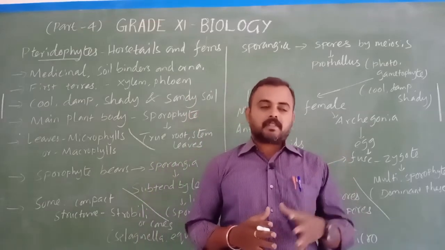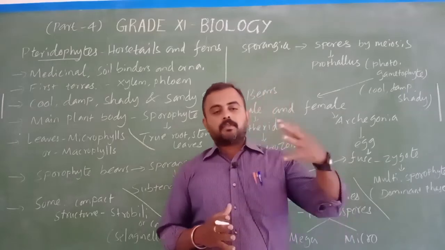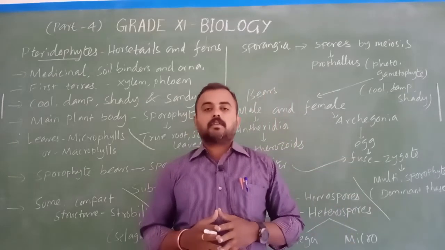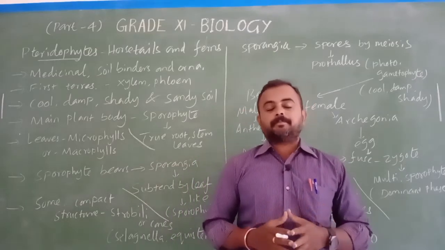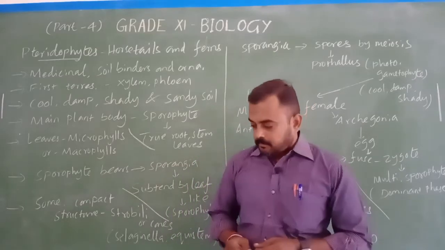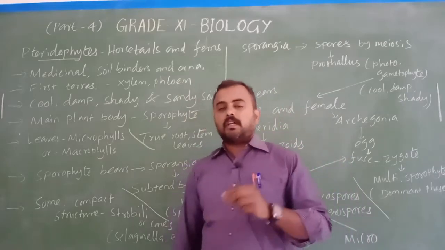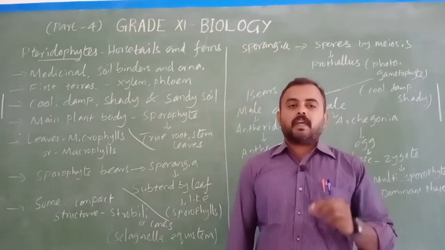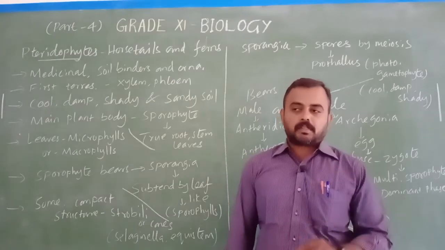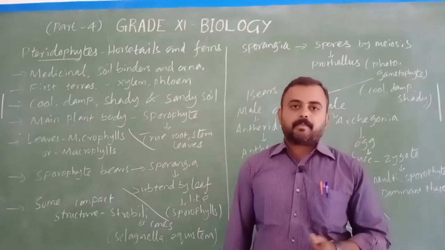So we have seen that there are two phases in the reproduction, gametophyte and sporophyte. Then it includes liverworts and mosses. We explained these two in the last video class, that is part 3.